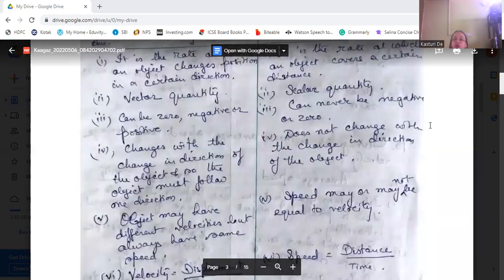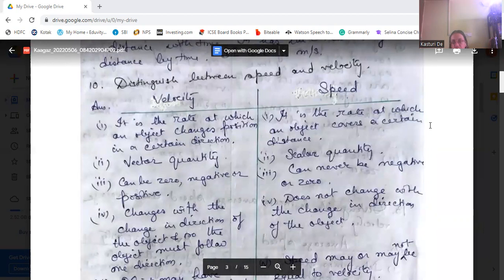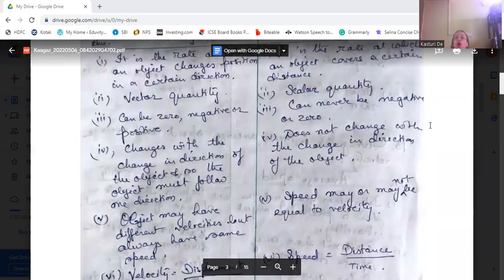Velocity is a vector quantity because it has a specified direction. Speed is a scalar quantity because it does not depend on the direction. Velocity can be zero, negative or positive. Speed can never be negative. Velocity changes with the change in direction of the object. But speed does not change with the change in direction of the object.